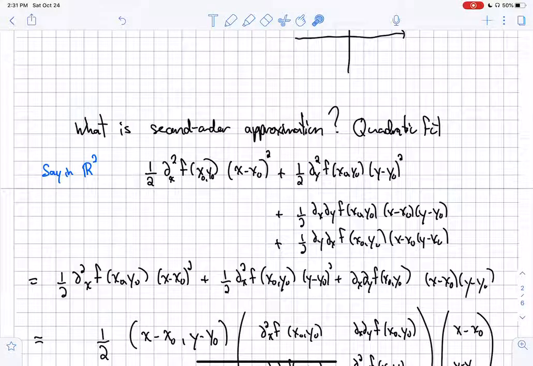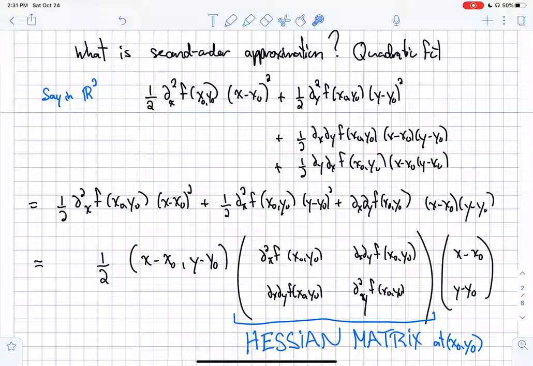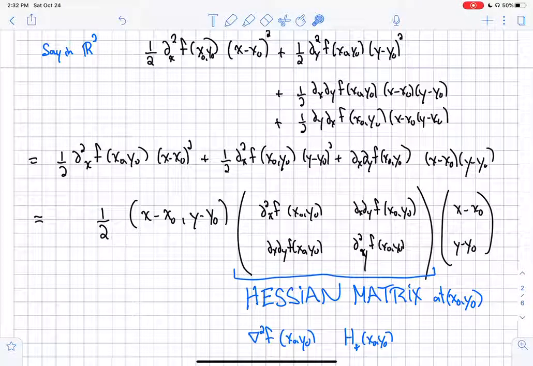And I can rewrite this as a product of a matrix with the vector x minus x0, y minus y0 that I write as a column vector. If I multiply this matrix with that vector, I get a vector, and then I do the dot product of the same vector with what I had here. So that gives me a number. And if you do the matrix operation, and you should do it, you're going to get the same thing as here.